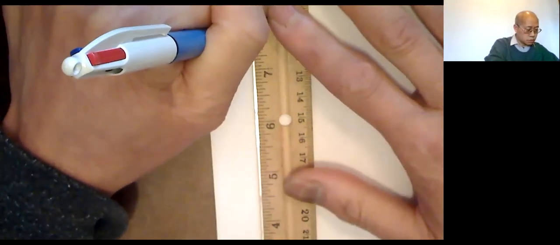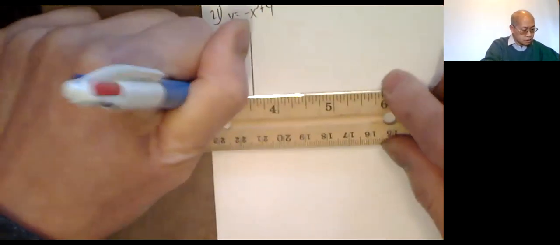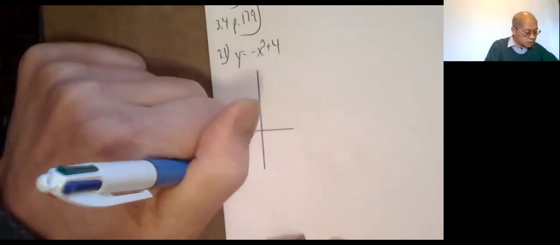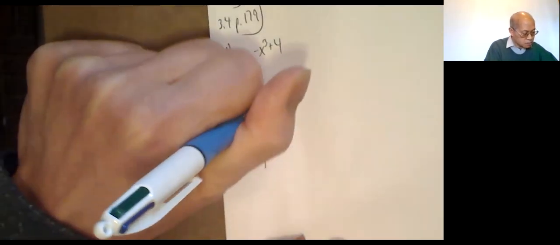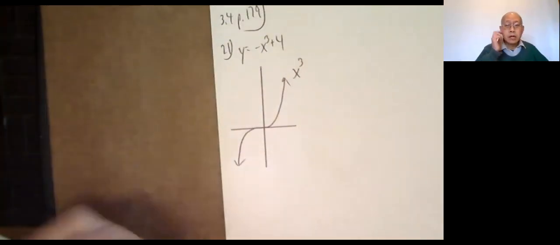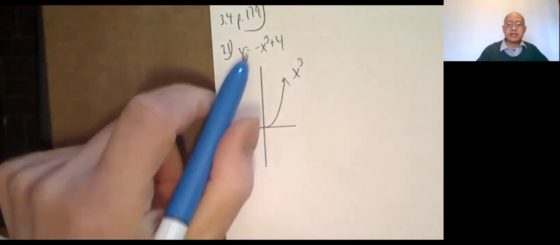Okay, rough sketch. I'm going to put it all in one graph. I'll start with my x cubed, and x cubed looks like this. Now what about negative x cubed?